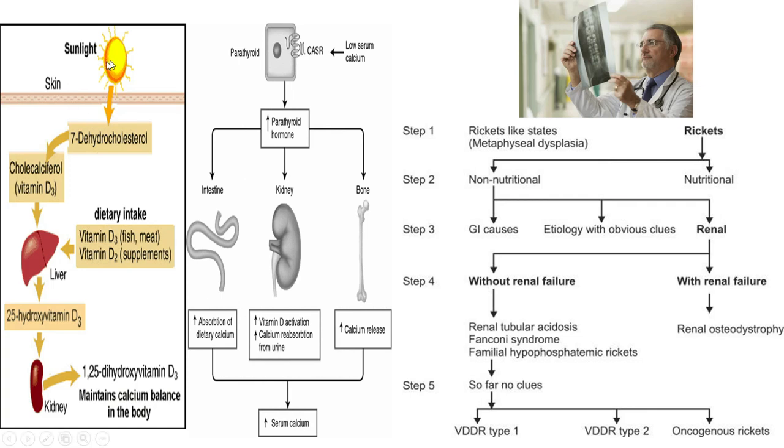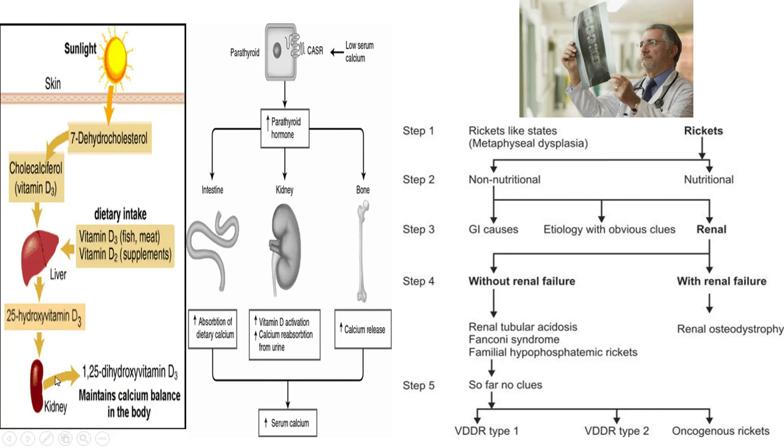Due to ultraviolet rays, special frequency ultraviolet rays, the skin 7-dehydrocholesterol turns into cholecalciferol, then along with dietary intake, it is converted to 25-hydroxy vitamin D in the liver, then the 1,25 D3 form, and this is the biologically active form, and that will help to maintain the calcium balance in the body.